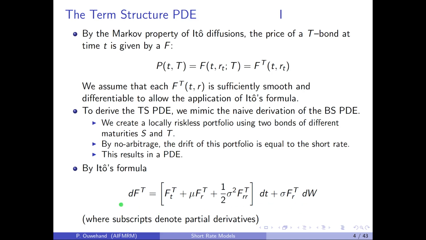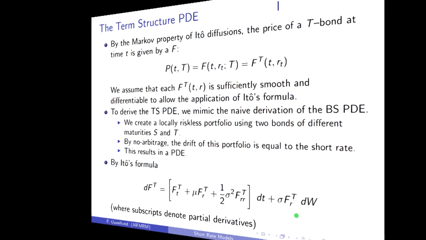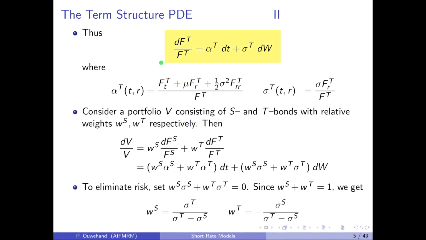In other words, we will divide it here, and here, and here, which leads us to obtain the following expression. Here, alpha superscript t is given as follows. And sigma superscript t is given as follows.